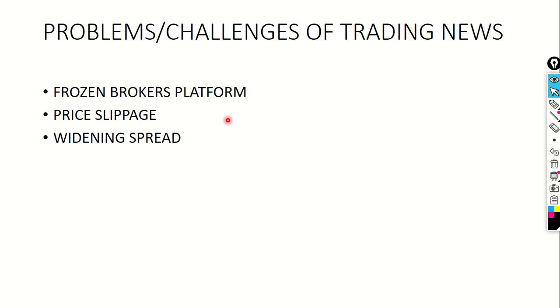Okay, so we have some problems or challenges of trading the news. If you've never traded news and you trade news, you see some of these challenges. They are done by your broker, the market maker. They want to take your money during these news events. That's why sometimes it's even nice to stay out of the news events.